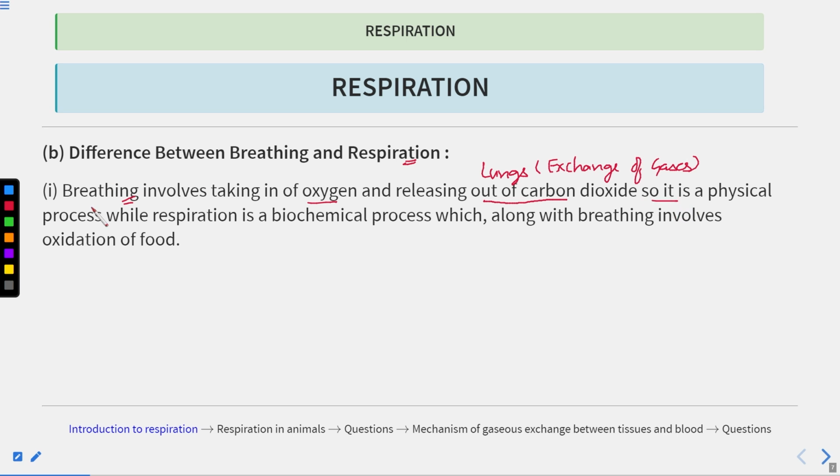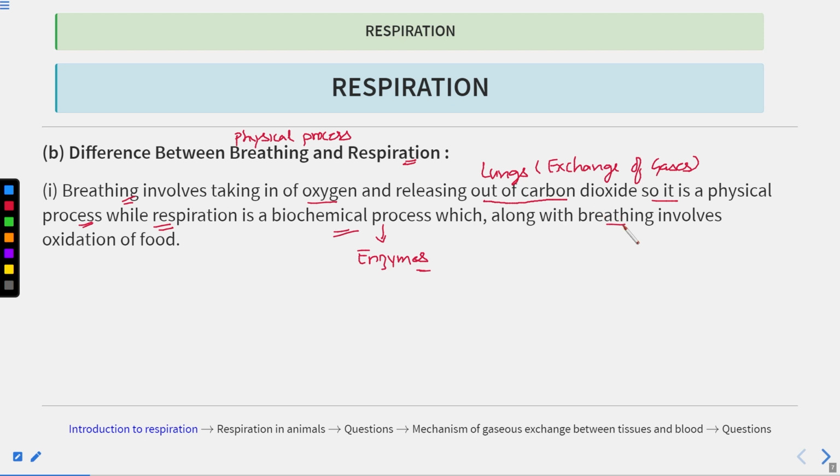So breathing is a physical process, you can say. While respiration is a biochemical process. Why? Because here the oxygen is used for the breakdown of the respiratory substrate or the breakdown of the assimilated food. That's why it is known as a biochemical process, and it also involves enzymes. A lot of enzymes are involved in these biochemical processes.